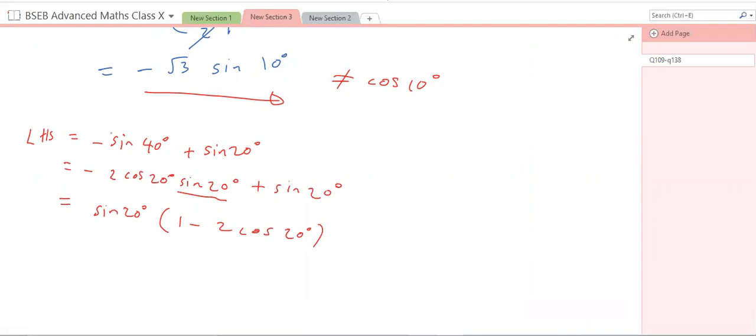Now, this here is equal to sine of 20 degrees into 1 minus.